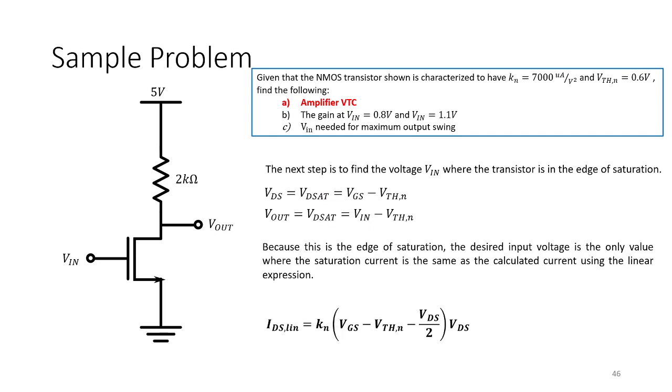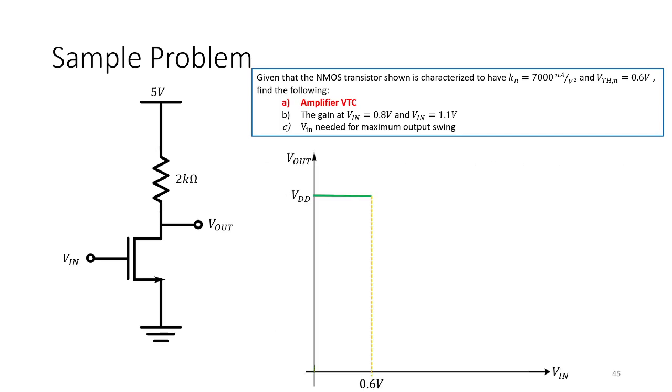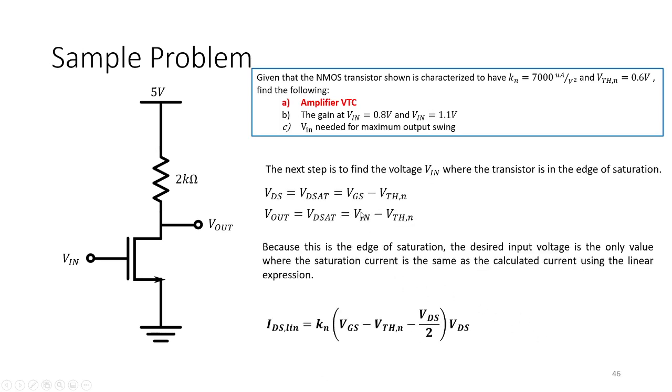And then the next step is to find the input voltage where the transistor is at the edge of saturation. So you must find the Vout and Vin that give you the edge of saturation. Remember that there's a point here that defines where the amplifier is in saturation and in the linear region. So what you do is calculate VDS.